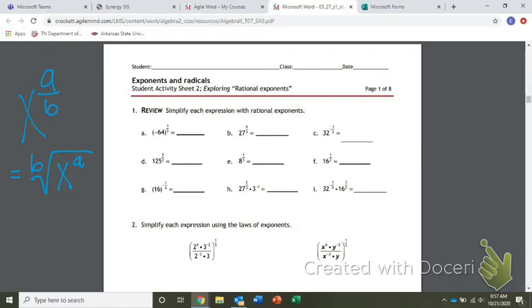So, we are looking from here to go to here. So, my B is a 3. So, I'm taking the cube root of negative 64. Now, my A is a 1, so do I really have to write that? No. You only want to write that if it's a number besides 1, because we know anything to 1 is itself. So, we don't need to do that.